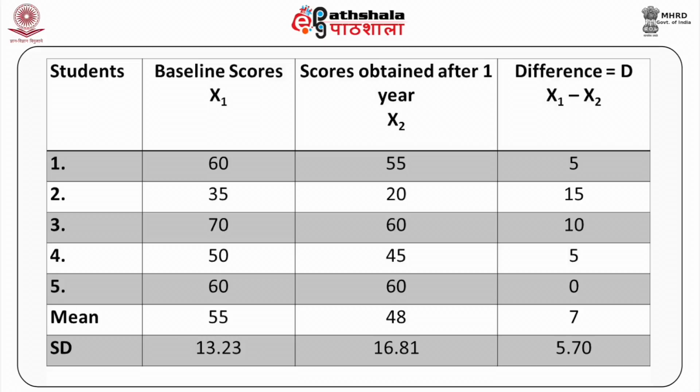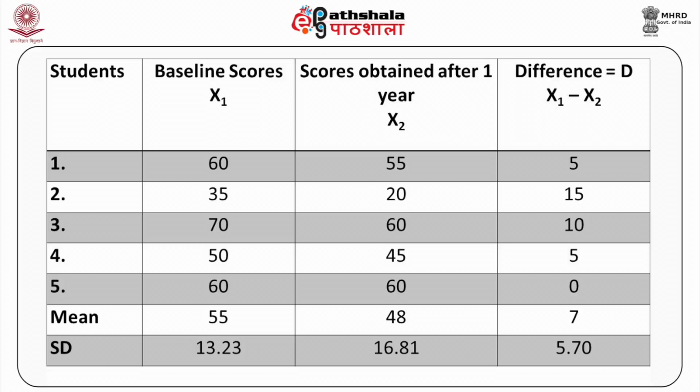The mean is calculated using the regular formula, and the standard deviation is calculated by the standard deviation formula. The mean was found to be 7 for the D scores of the 5 students, and the standard deviation of D as 5.70.